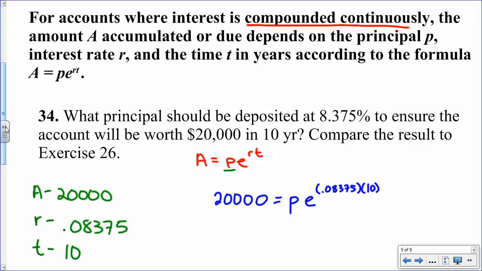Okay, I'm going to divide both sides by E to the 0.08375 times 10. Work carefully. Earlier today, I did this problem and I got it wrong because I forgot to type in the 8 with this decimal.